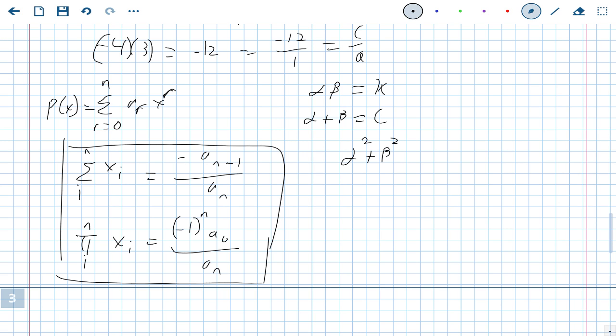Or they'll give you some quadratic, for example just ax squared plus bx plus c, and ask what alpha and beta, the roots, are. You need to be able to factorize, show that this holds true, then find alpha and beta, plug that in and find it. That's essentially how you do it.